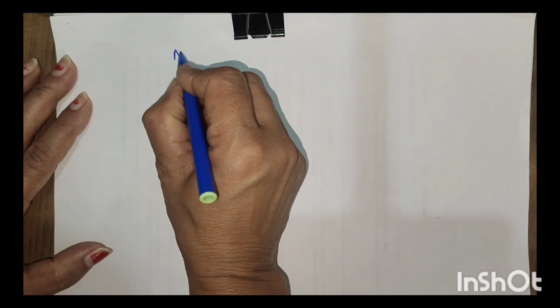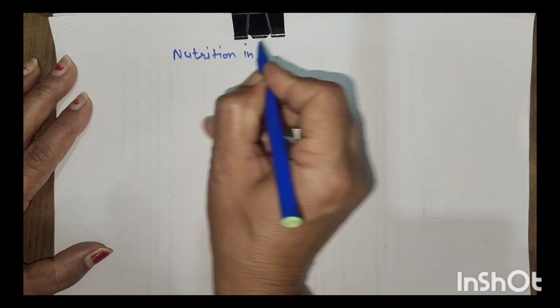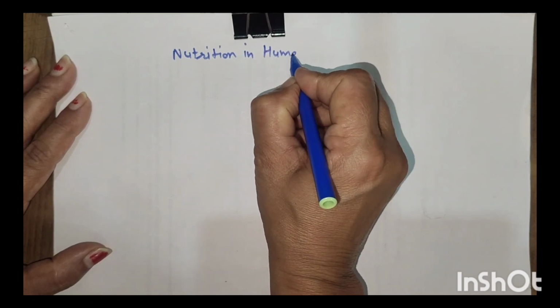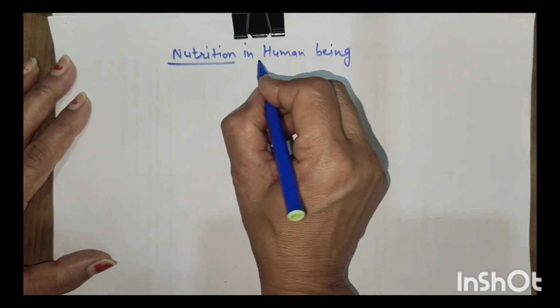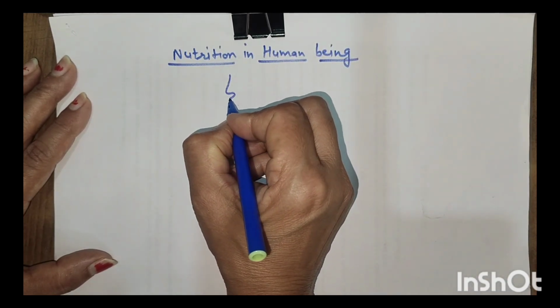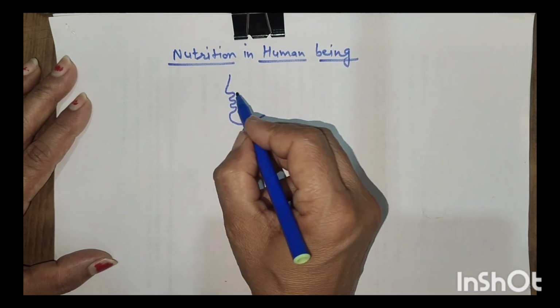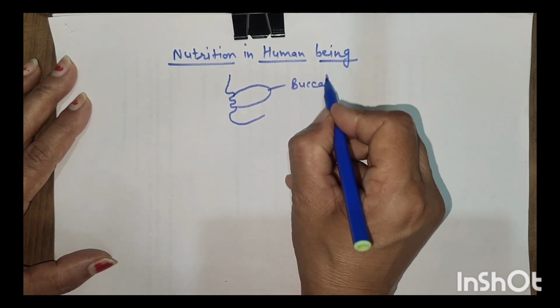Now nutrition in human beings. As we have discussed in earlier videos, but now I am recalling the human digestive system. It starts from the mouth, called the buccal cavity.